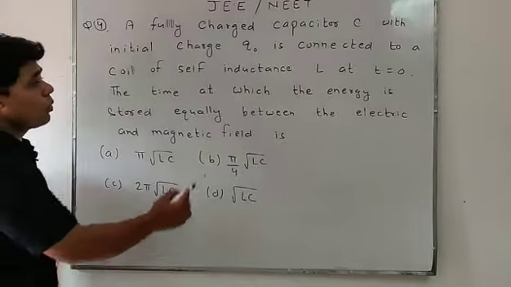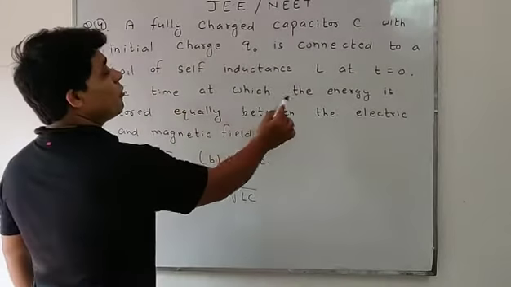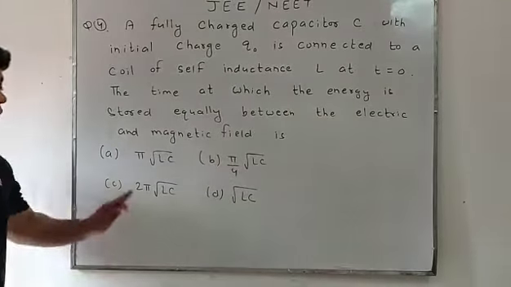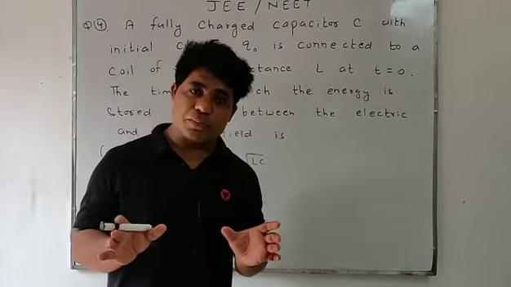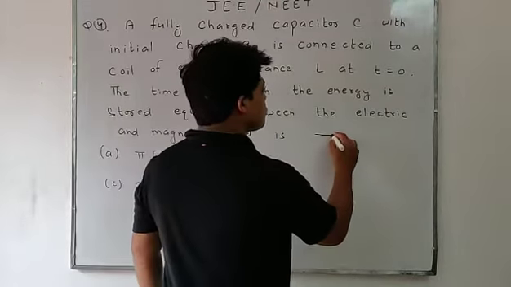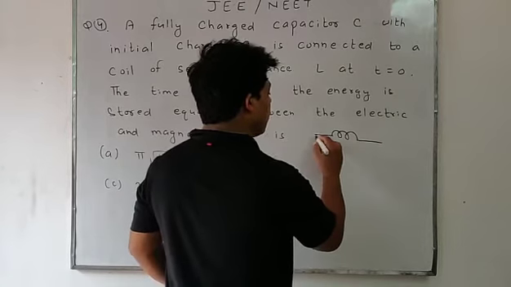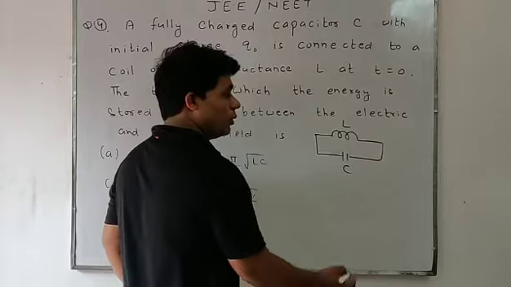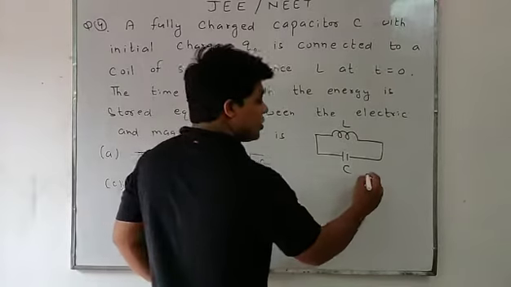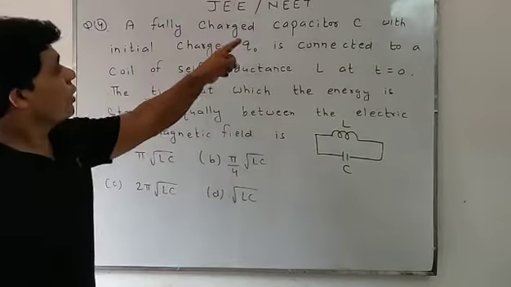We have to find the time at which inductor and capacitor have equal energy. Suppose this is the inductor and this is the capacitor. The capacitor is initially fully charged.